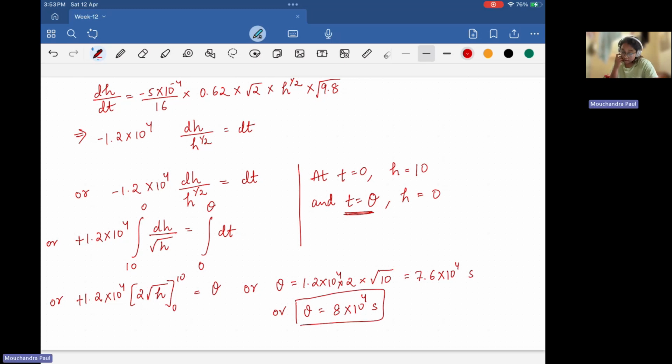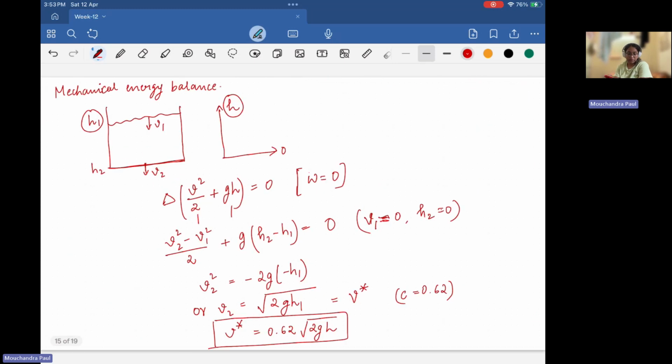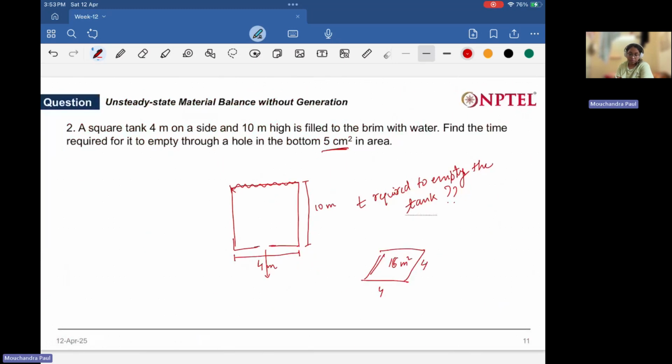It takes close to 80,000 seconds for the entire water to come out from this tiny pore.